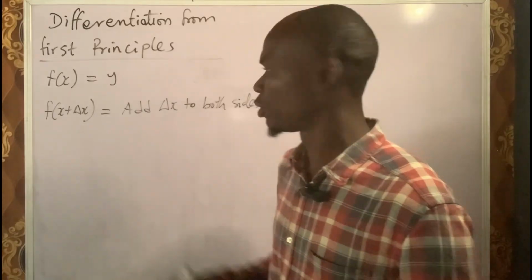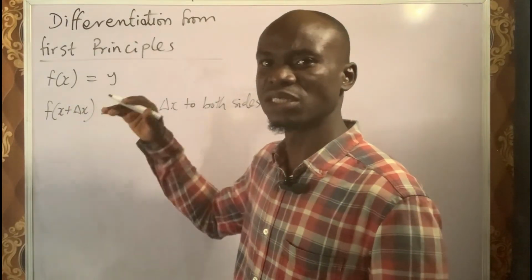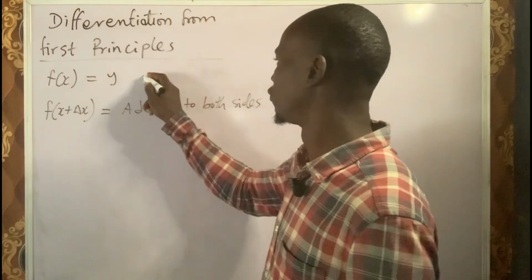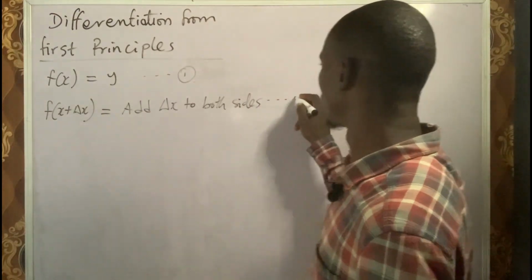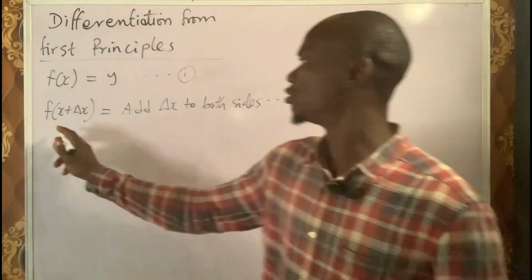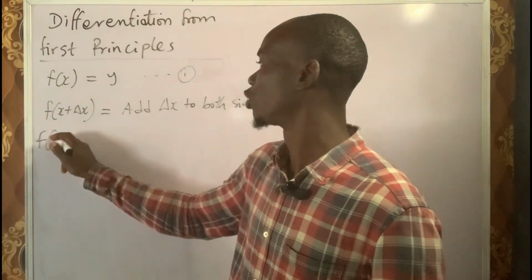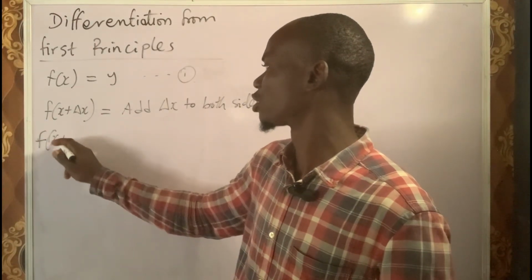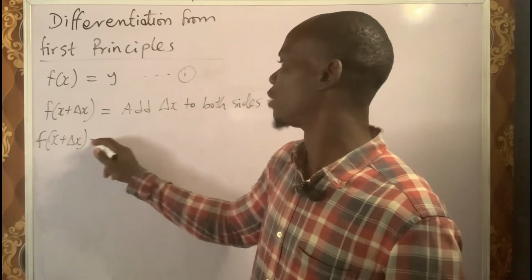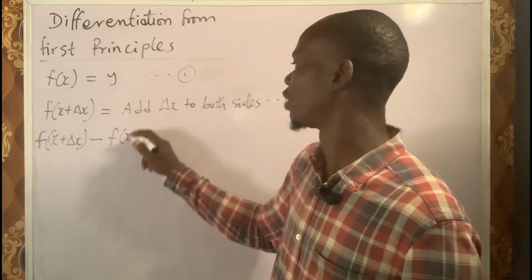Then the third step is to take the difference between the second and the first. If this is equation 1 and this is equation 2, then the third step says equation 2, which is f of x plus change in x, minus equation 1, which is f of x.